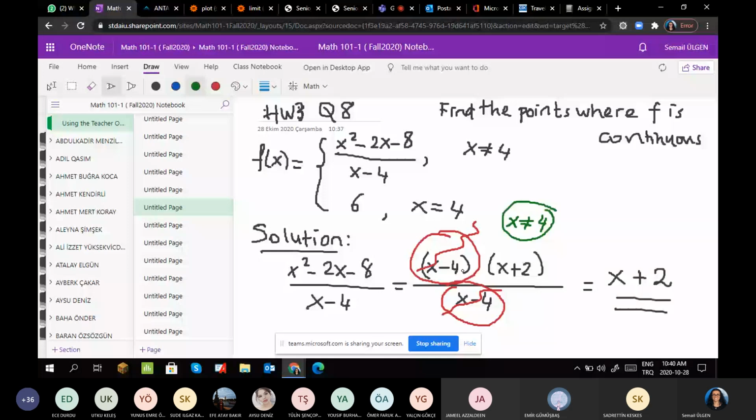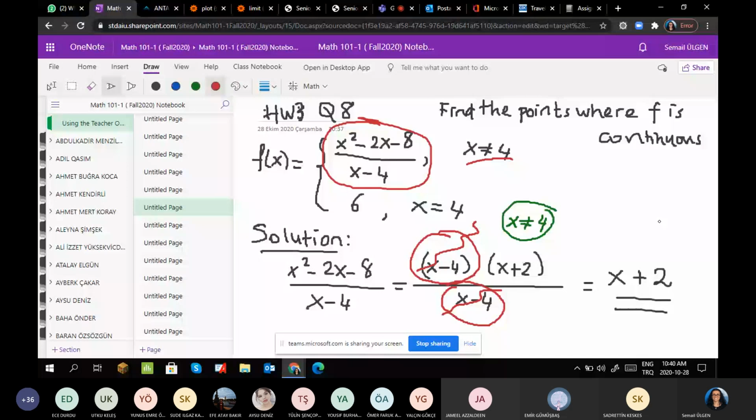When x is not 4, you can cancel. And it says in the question that it is this when x is not 4. So I'm allowed to cancel them. Actually, this part is the same as x plus 2. It behaves the same.